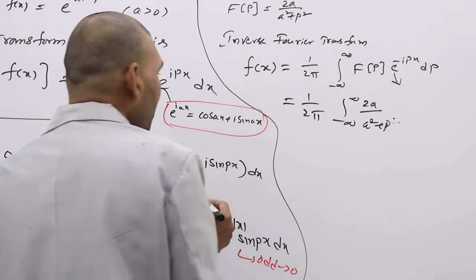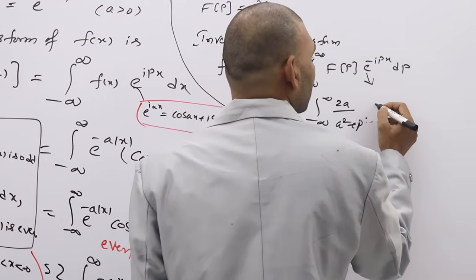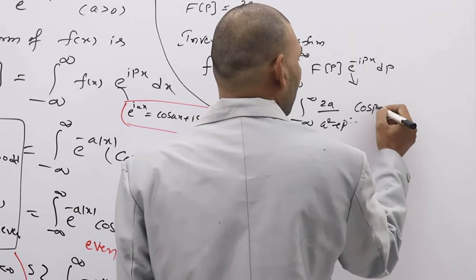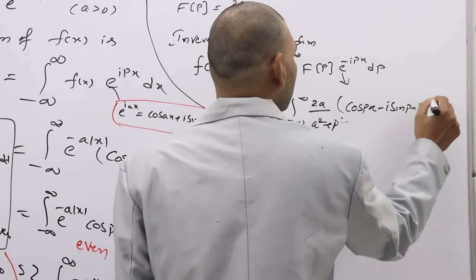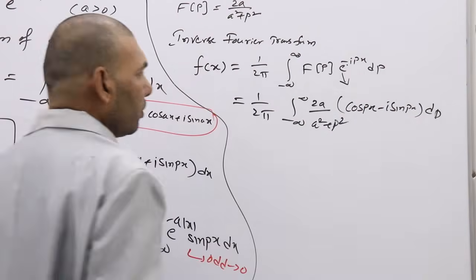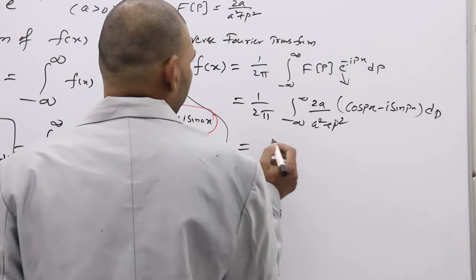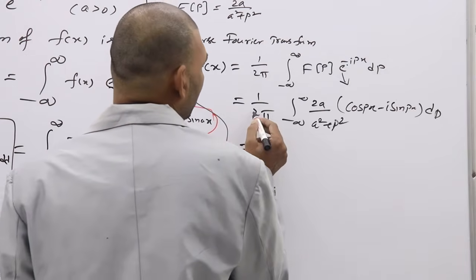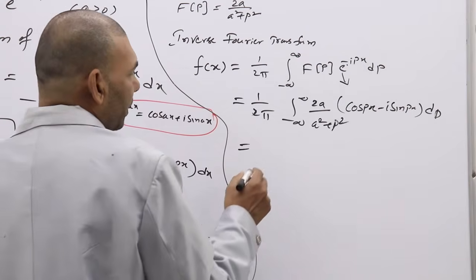Using the formula cos ax plus i sin ax, we can write this as cos px minus i sin px dp, because we have minus here. Okay, now split this into two integrals.